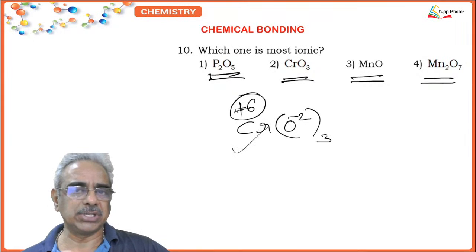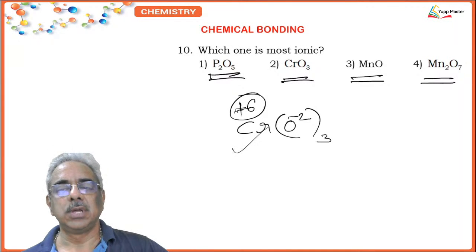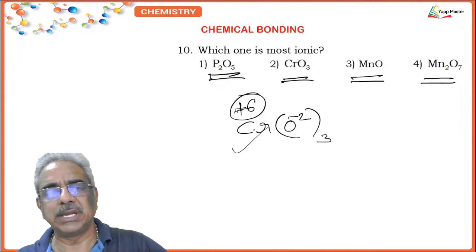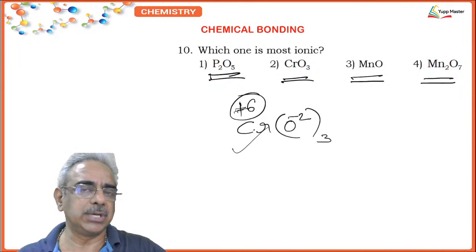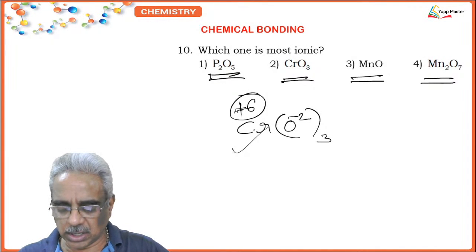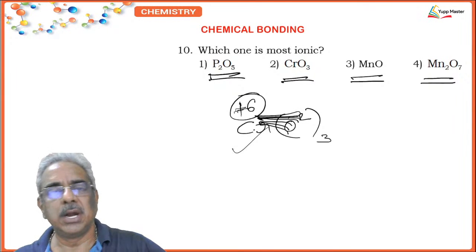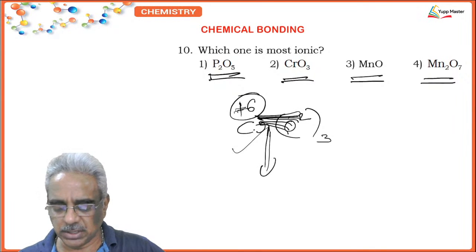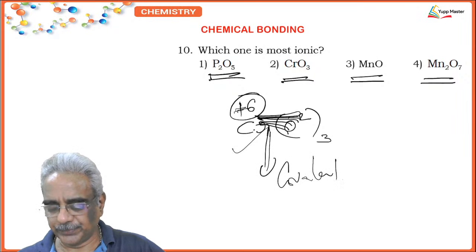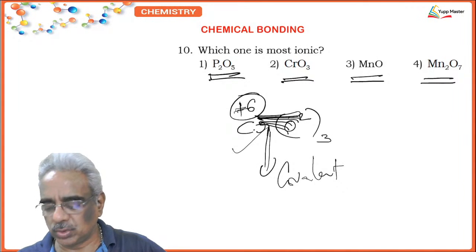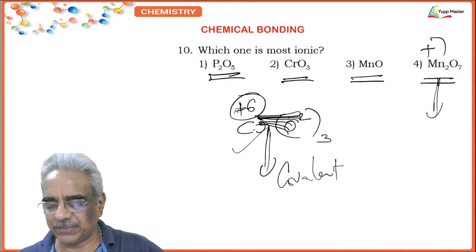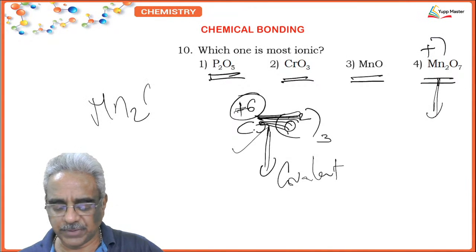Chromium is in its highest oxidation state. So it will be tremendously polarizing in nature. Highest oxidation state. Powerful polarizer. It will almost pull the electron density from oxygen, 3 oxygens, and you are going to get covalent nature.